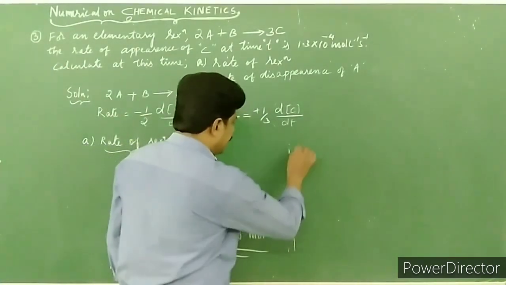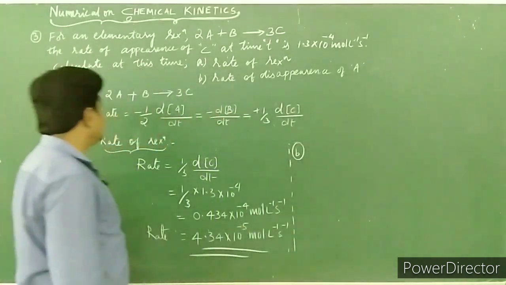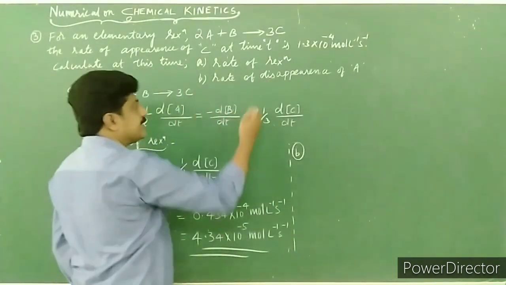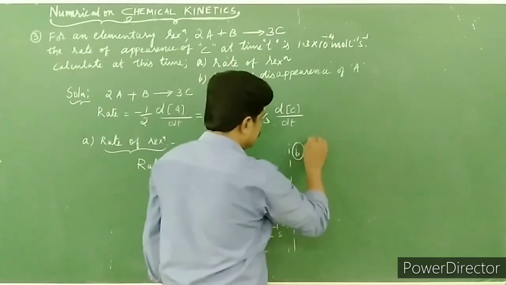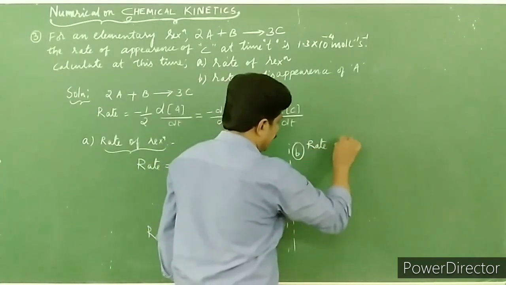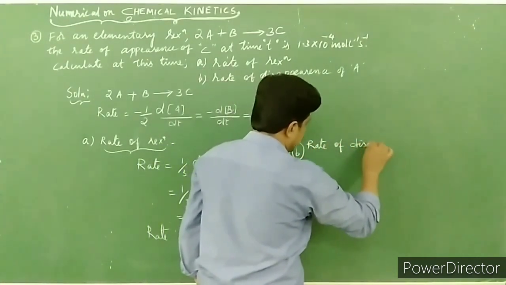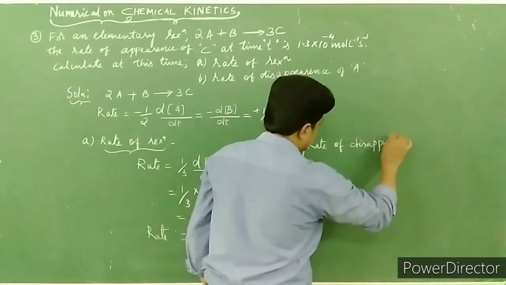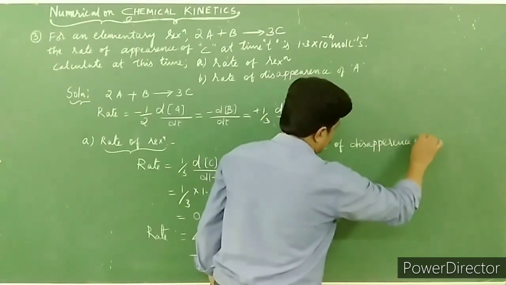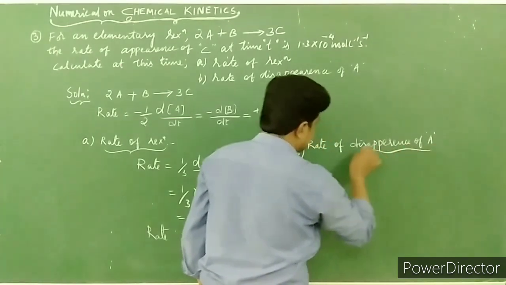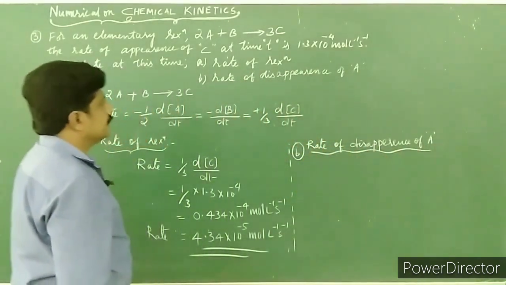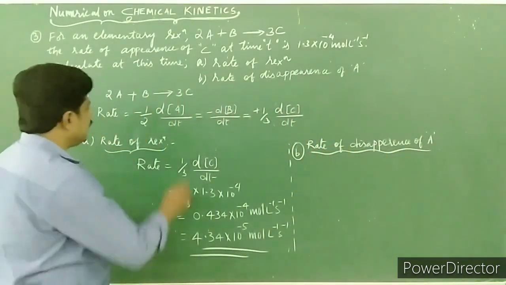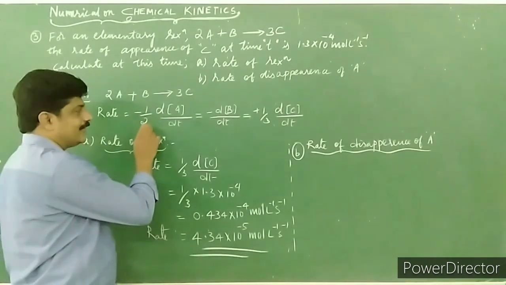Let me go for the second part. What is that? Rate of disappearance of reactant A. Children, in this case I need to take this, is it not?